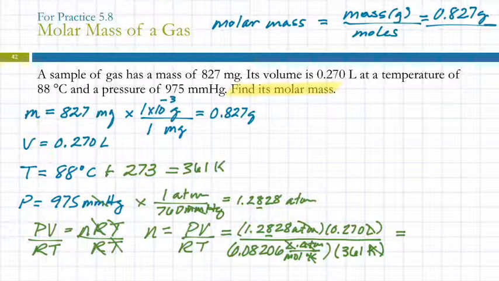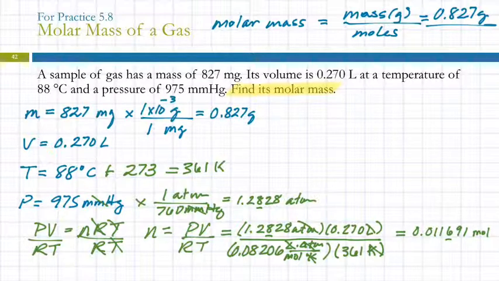So 1.2828 times 0.27 divided by 0.08206 divided by 361, 0.01169. Anybody else get that number? So that's the moles. That's a really small number of moles.